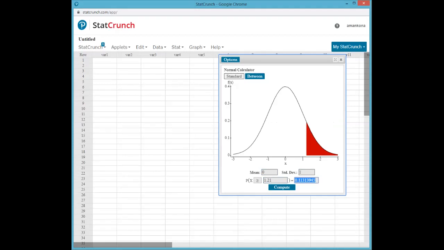So if I don't standardize it, I get nearly the same answer, but the difference won't be exact because it's computed. Remember, when you standardize, you round off the z-score to 2 decimal places, and whenever you do that, you are creating an error. Let's just note that.